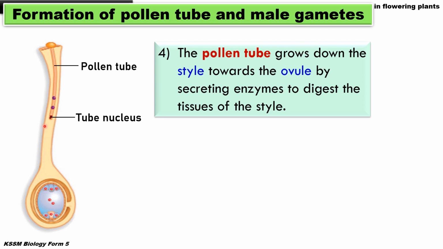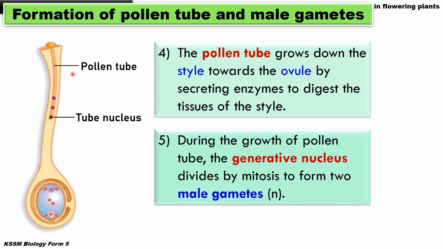So that is why it can become a tube. The tip of this tube is known as the tube nucleus. So label it. Okay. Along the way, the tube nucleus digests the tissue in the style to move downwards.